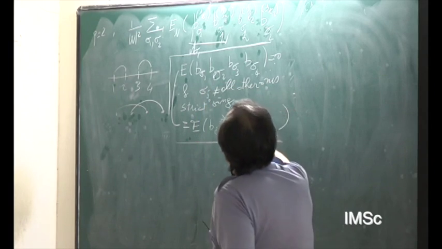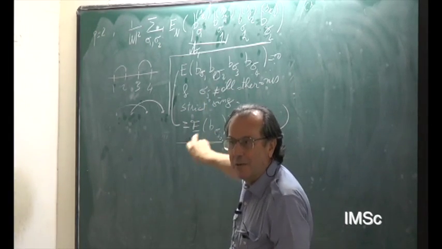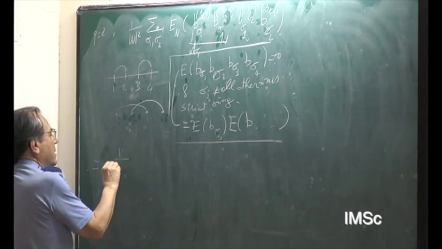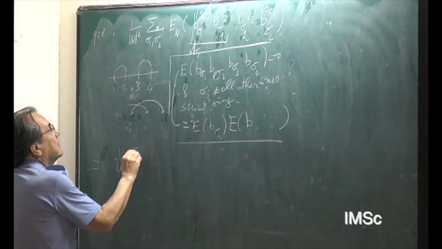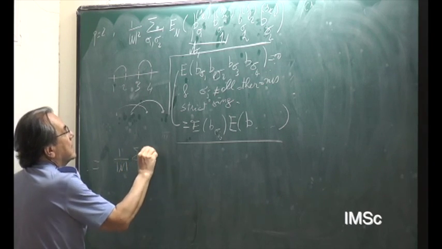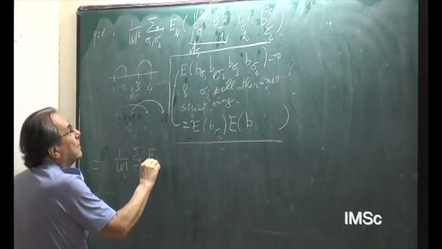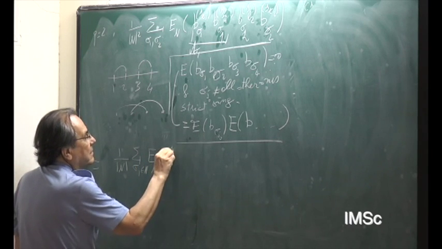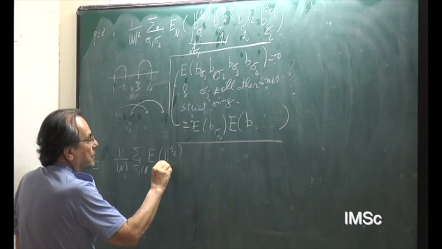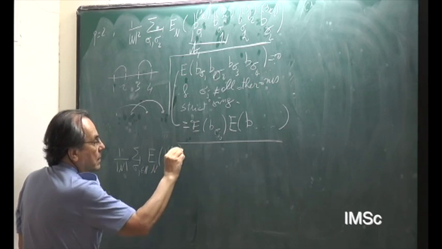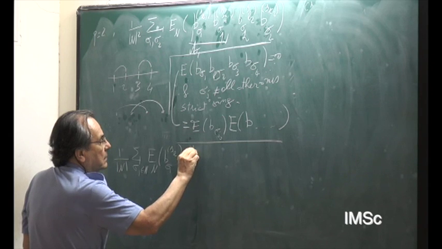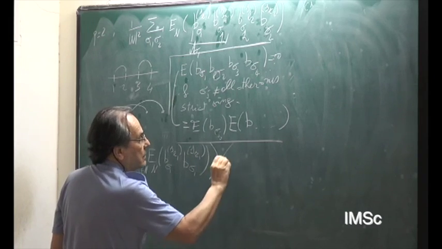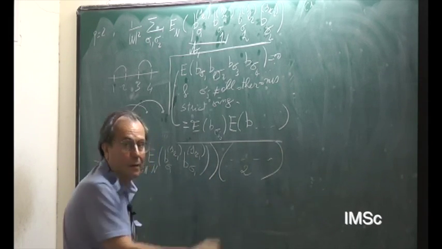Now I use a strict singleton, and this will factorize, and will become equal to 1 over the cardinality of n, the sum over sigma 1 in n of B sigma left 1, sigma 1, B right 1, sigma 1, times the same thing with the 2 instead of 1. Okay?